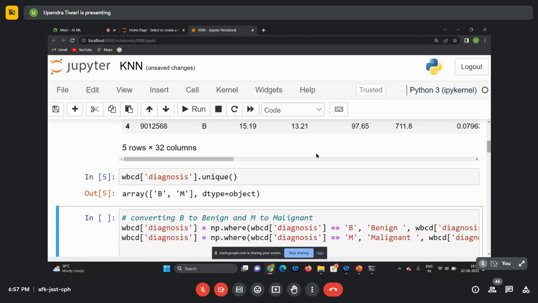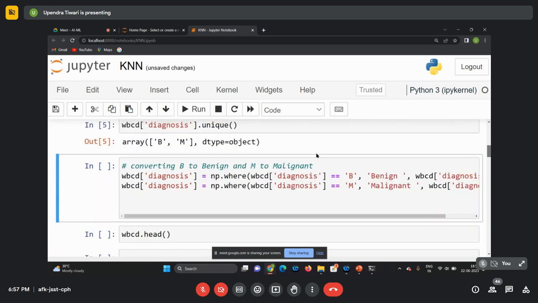Now here what we are doing, try to understand, just to make it more readable, we are renaming B as benign and M as malignant. We are calling np.where, and we are saying that wherever you find B in the diagnosis column, replace it with benign in the same column.